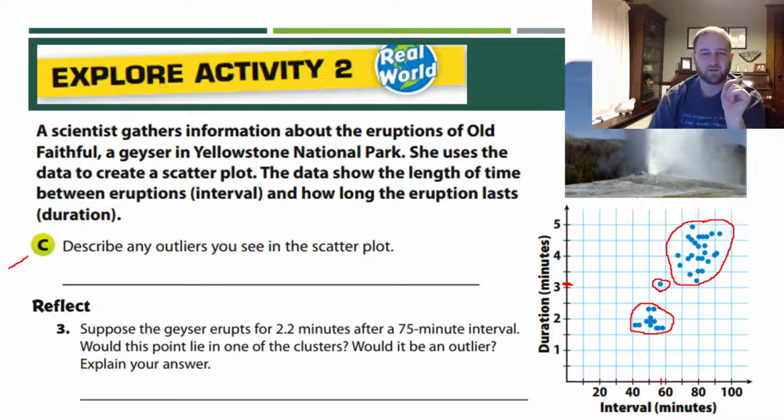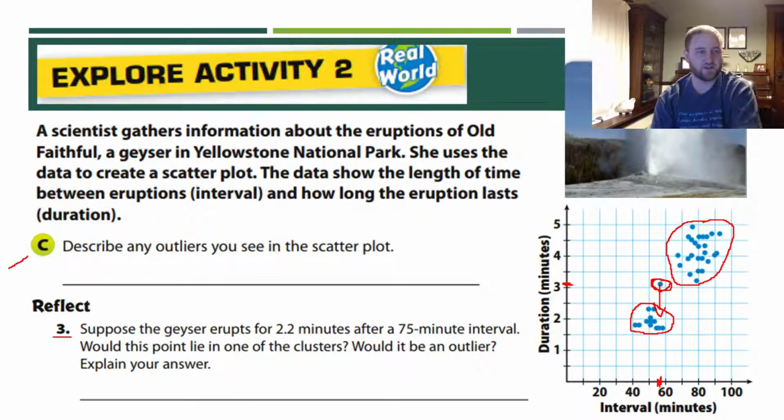Now, typically, if we go by this trend, if there's just an interval of 57 minutes, this point should be down in this cluster if you go by the averages. But instead, it's not. It's up in here. So this tells me that it's a little bit of an outlier. Okay? It's different from the norm.